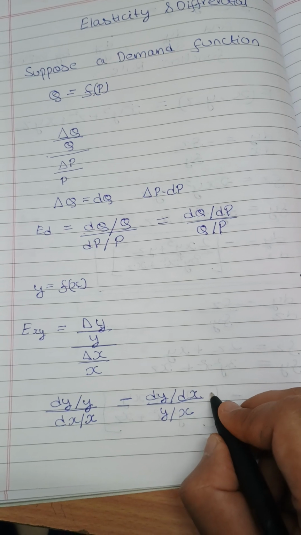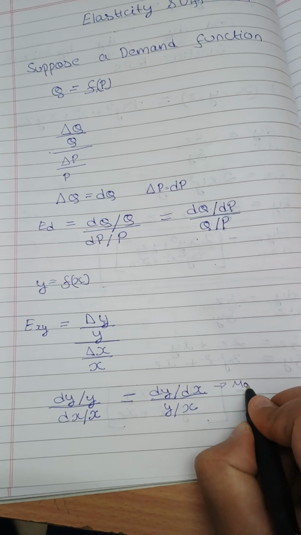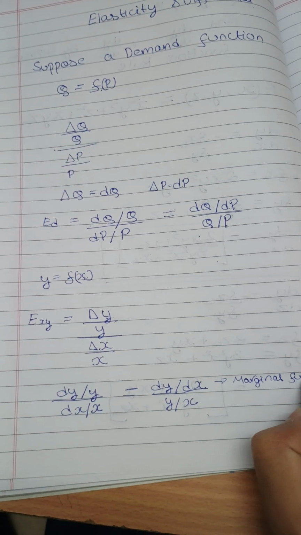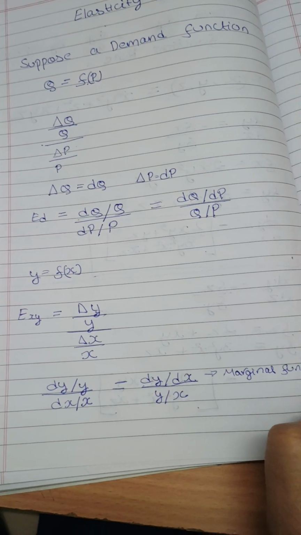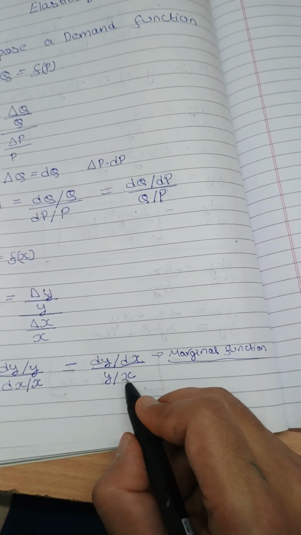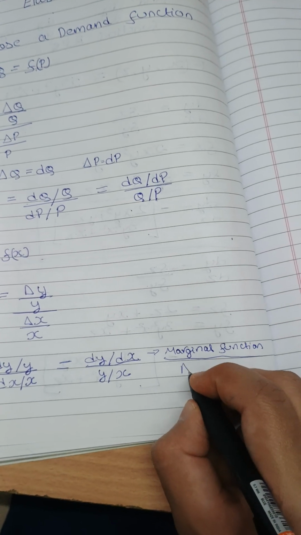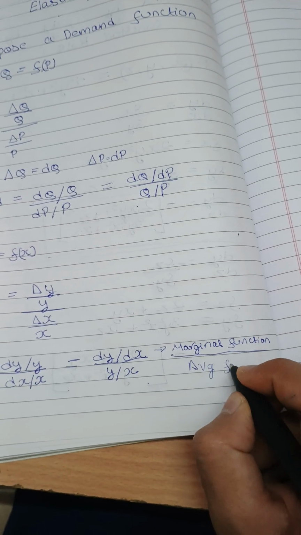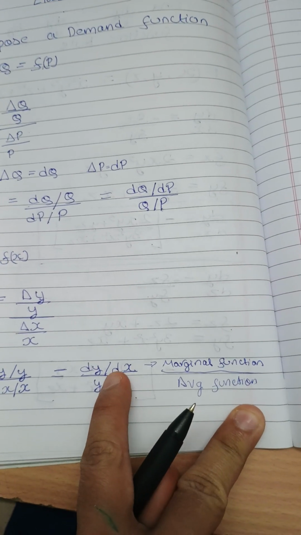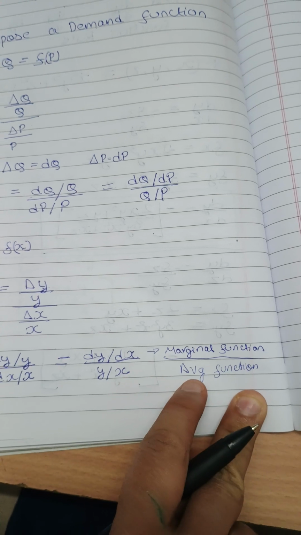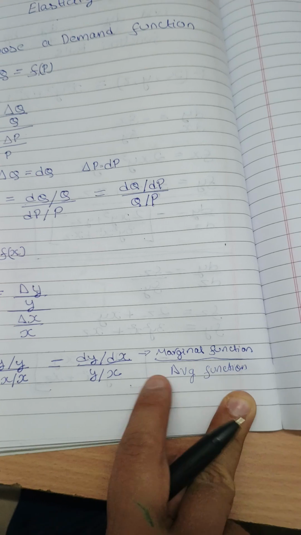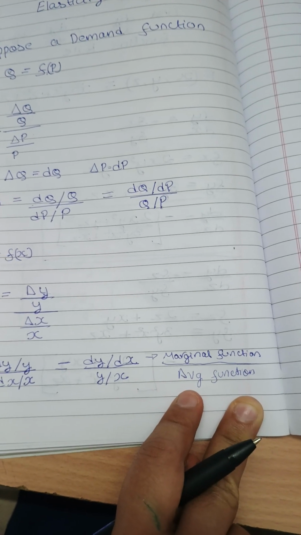Now dy by dx is also known as the marginal function, and y upon x is known as the average function. Since this is the marginal function and this is the average function, we can change it to the ratio of marginal function upon average function.